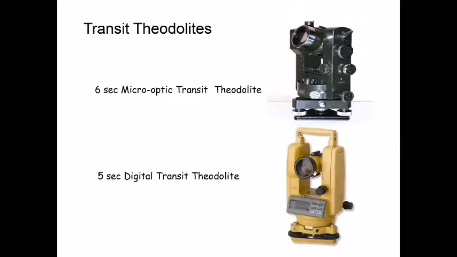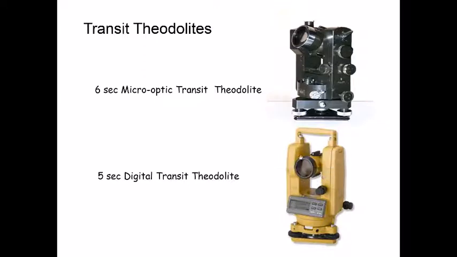If you can rotate this telescope through 360 degrees, then it's called a transit theodolite. And if you cannot rotate this telescope through 360 degrees, it's called a non-transit theodolite, because the telescope has some limitation on the extent to which it can be revolved about the horizontal axis in a vertical plane.